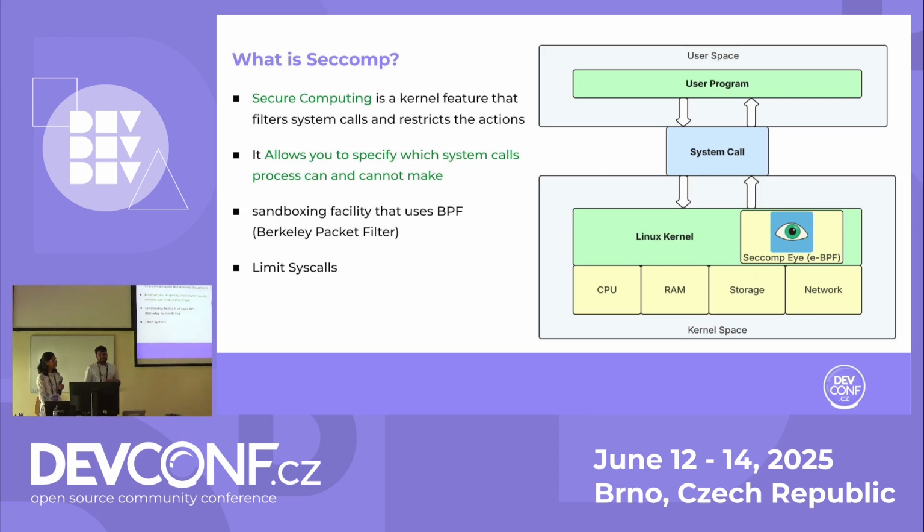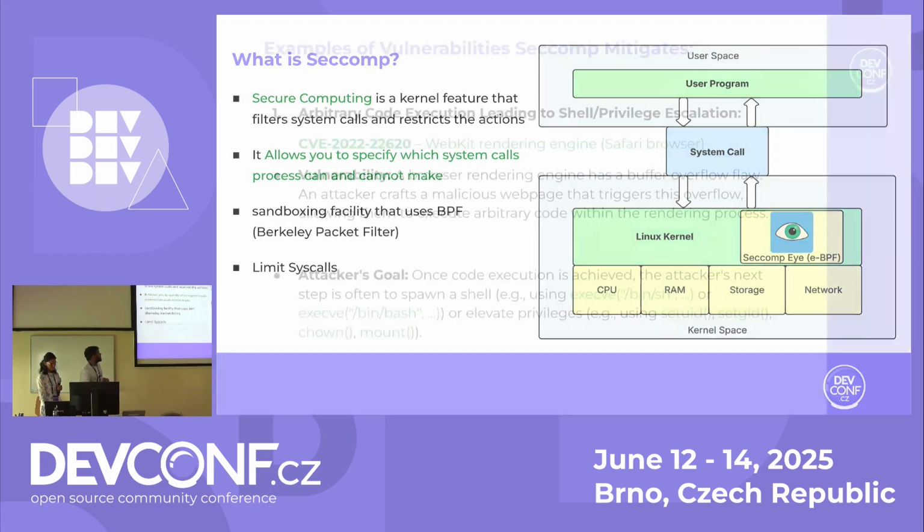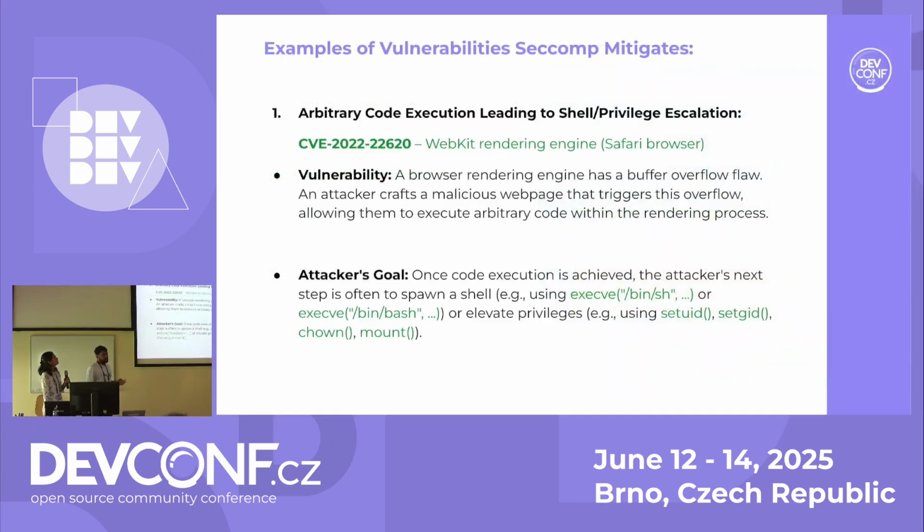Now I will take you through a few vulnerabilities that are mitigated by Seccomp. These are real-time use cases. One of the use cases is a CVE found in the WebKit rendering engine, CVE-2022-2620. This is arbitrary code execution.